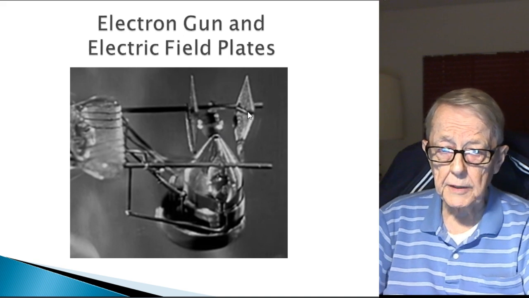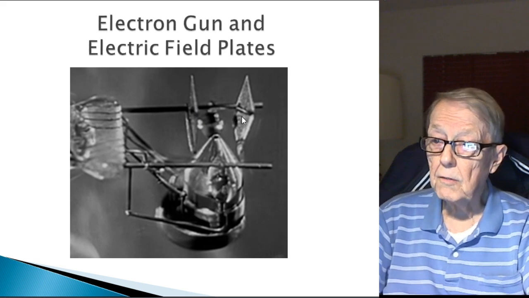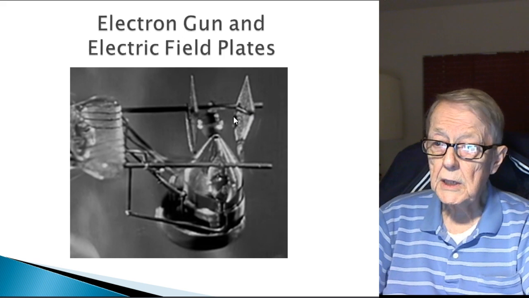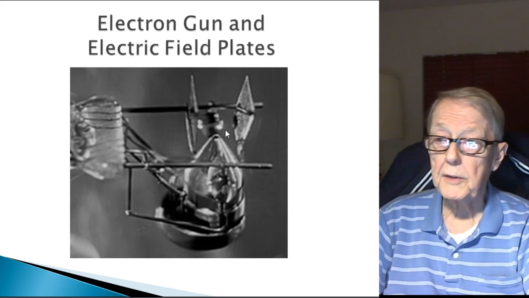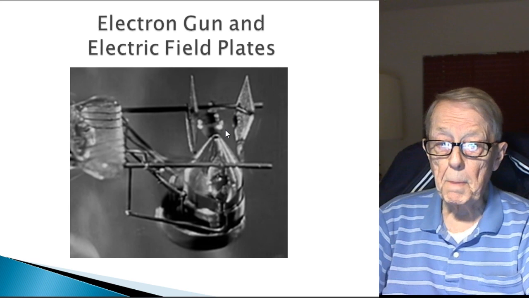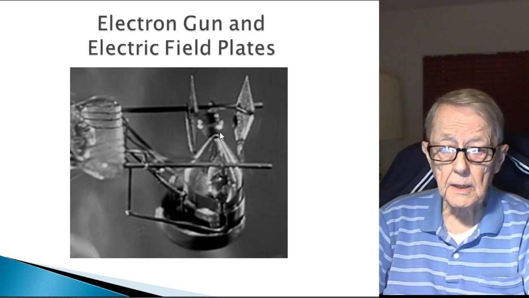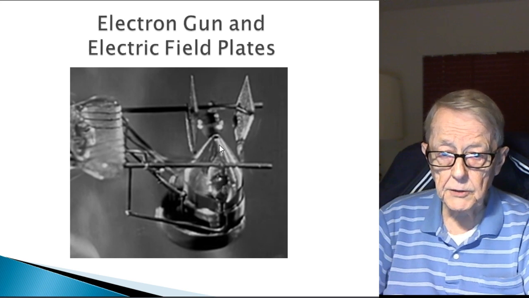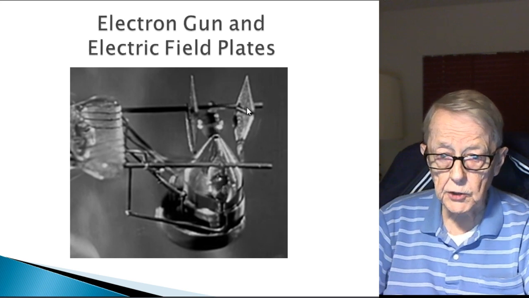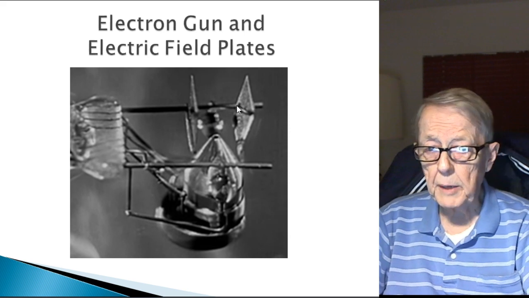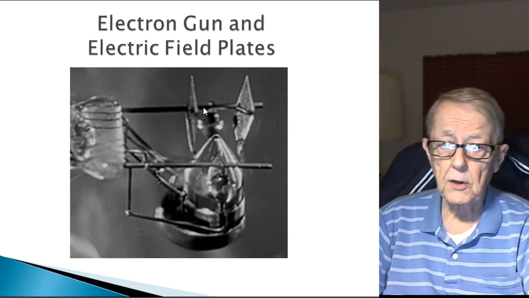These are electrostatic plates that are powered by a DC voltage, and the DC voltage is measured by the DC voltmeter that I mentioned earlier. So the electrons generally shoot straight up, and the deflecting plates here are going to move the beam to the left or to the right.